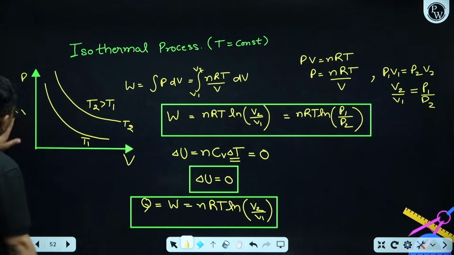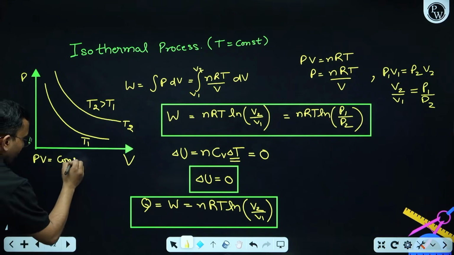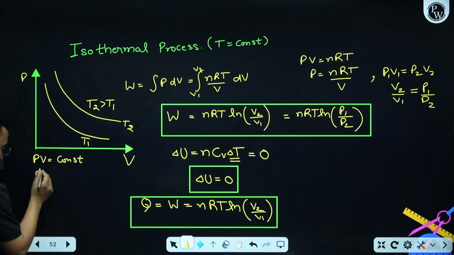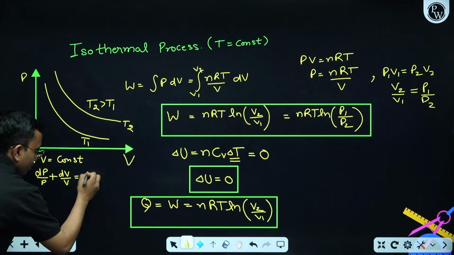And sometimes the slope of this curve is also asked, the P versus V, dP by dV. So PV is equal to constant. If you differentiate it, this will become dP by P plus dV by V equals 0.